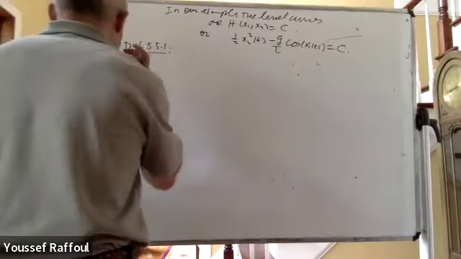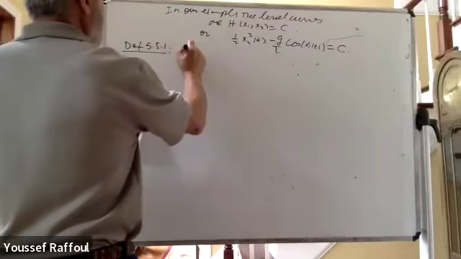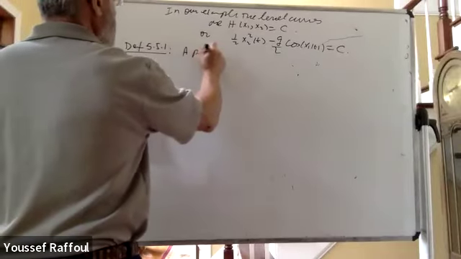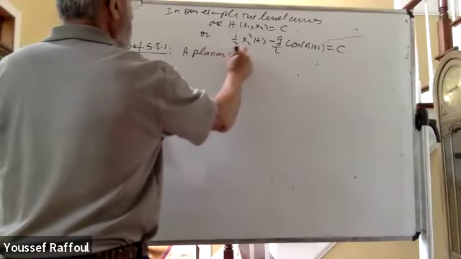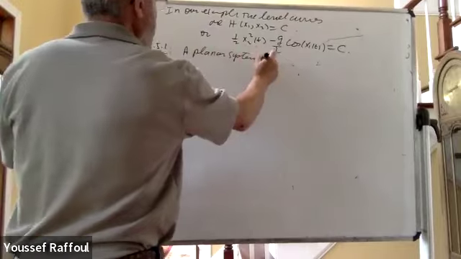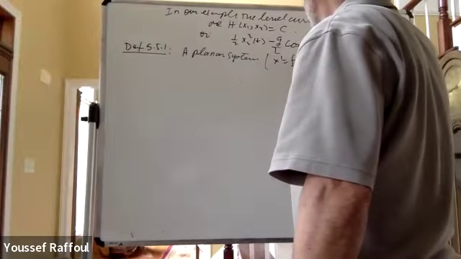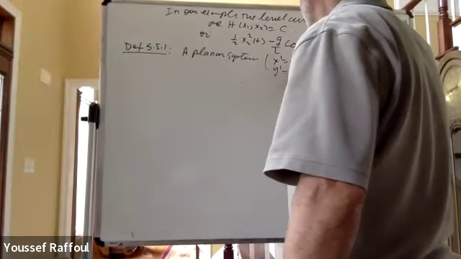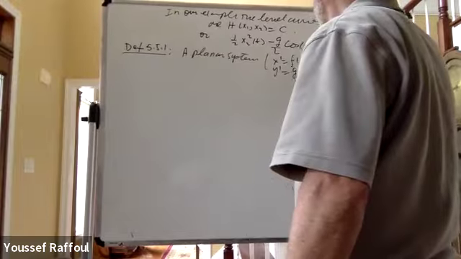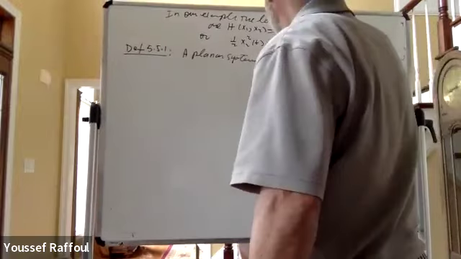All right. So this is a definition now, 5.5.1. A planar system, that means x prime equal f of x, y, y prime equal g of x, y. This is what it means.